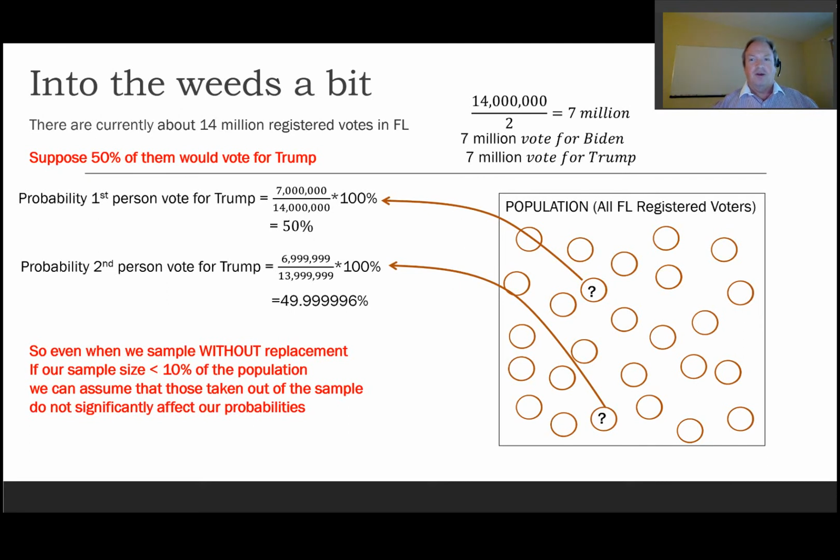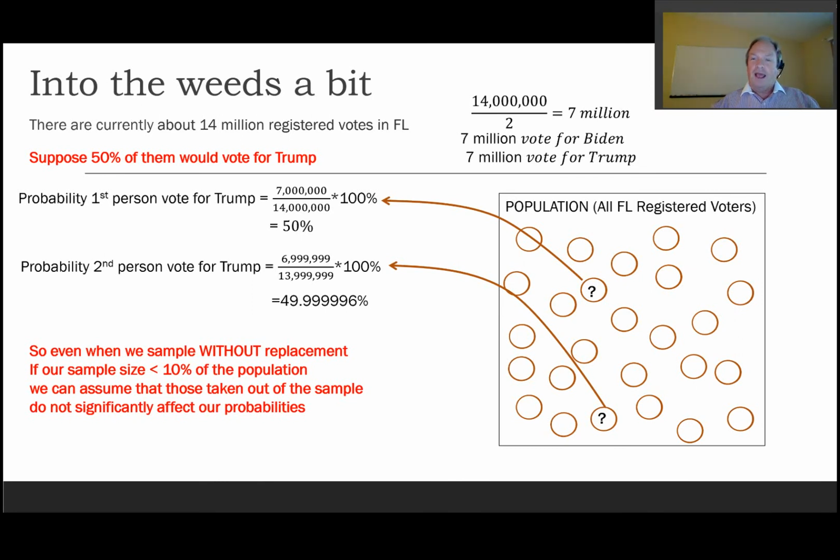You're on a boat in the middle of the ocean. What's the probability you'll catch a tuna? I don't know, say 10%. Now you catch a tuna and you keep him out, you're going to go eat him. You throw your pole back in, what's the probability that you're going to catch a tuna? Well, does that one tuna that you took out of this huge ocean of tuna really affect your likelihood? Of course not. This is the same sort of idea.